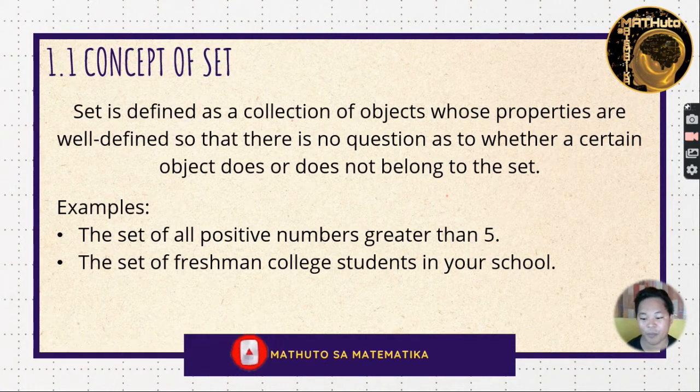We have also the set of months with 31 days. So, ang mga months within this set ay yung mga months na mayroong 31 days sa ating calendar. And we have also the set of past presidents of the Philippines. So, naka-specific dito na yung set contains all the past presidents who governed our country.